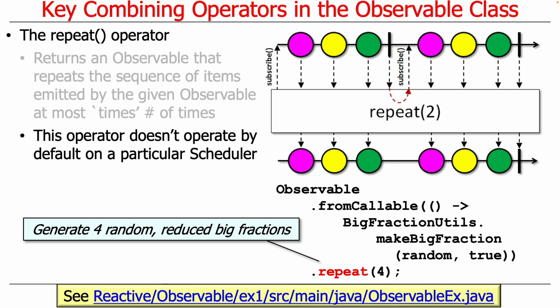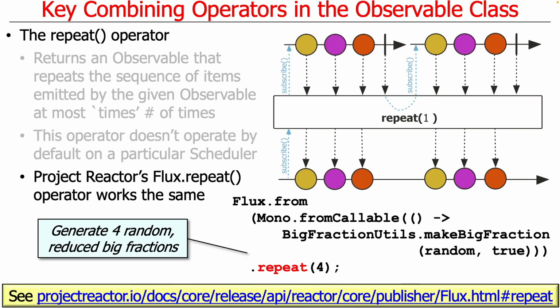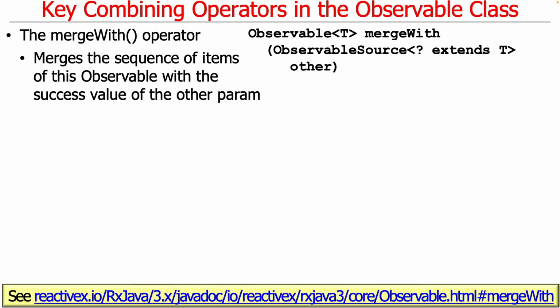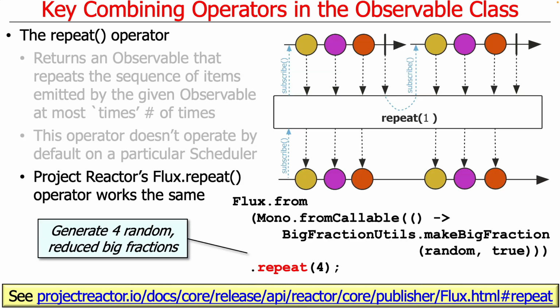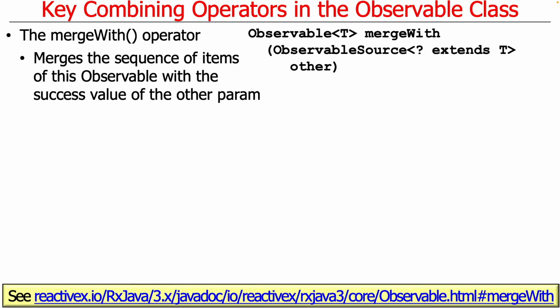If we use just here, then it would return the same big fraction each time, the number of times we asked for. Project Reactor has a repeat operator that works exactly the same. And there is no repeat operator with Java streams. Honestly, it's a little bit esoteric, but I have some fun examples that demonstrate how it works.